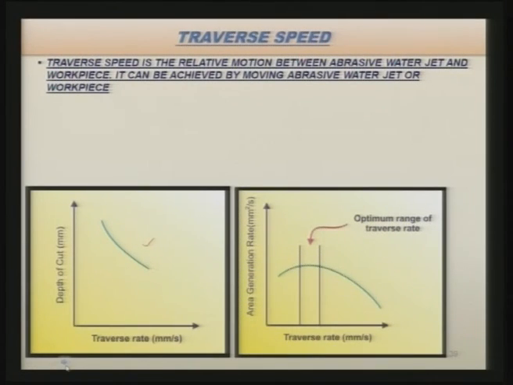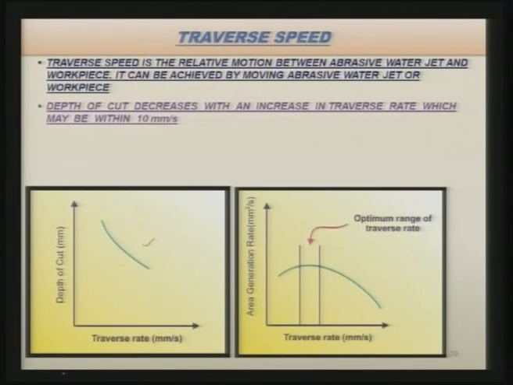As the traverse rate is increasing, the area generation rate is increasing up to an optimum area generation, and beyond that it starts decreasing. Depth of cut decreases with an increase in the traverse rate, which may be within 10 millimeter per second.